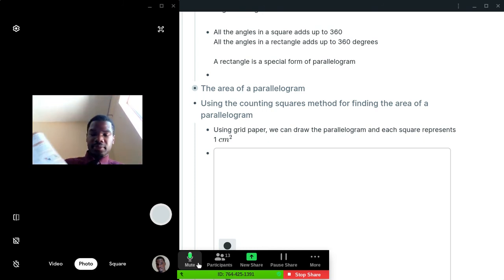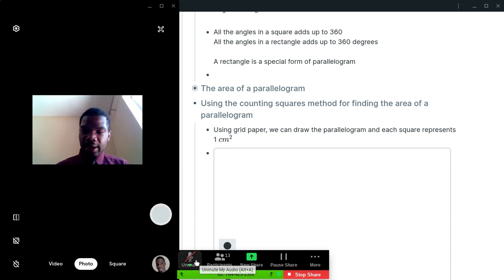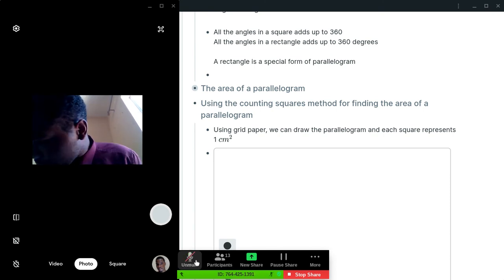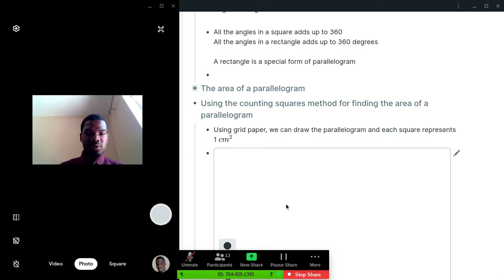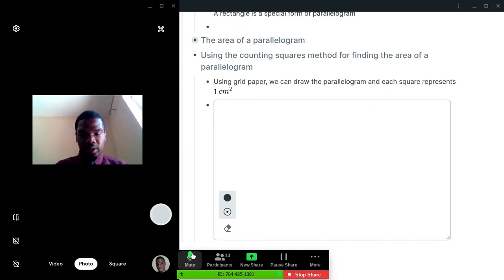How many do you see? Look on the diagram in the book. Alright, we'll get back to you in a moment, Jude.